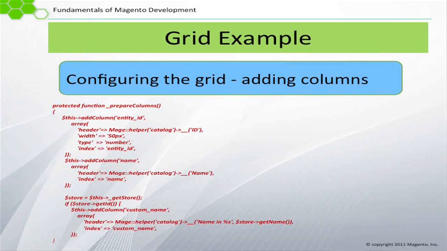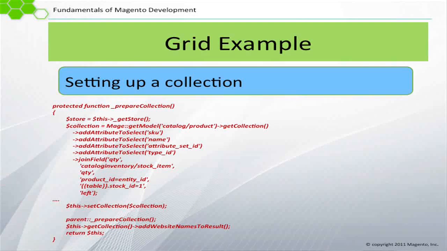And here we go, an example of using prepare columns. So calling add column and specifying an array of options. Setting up a collection: here in prepare collection, we're getting a collection for the catalog products.